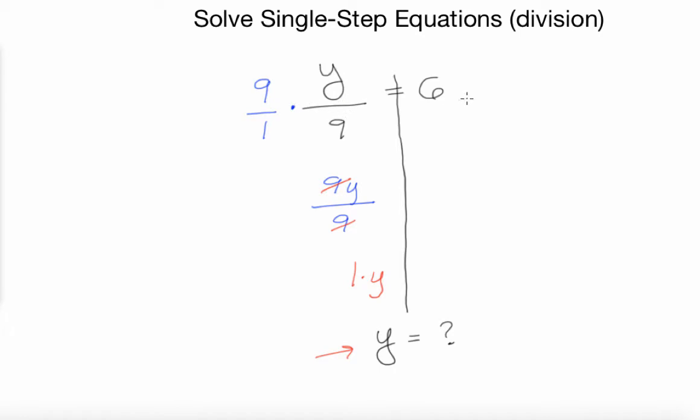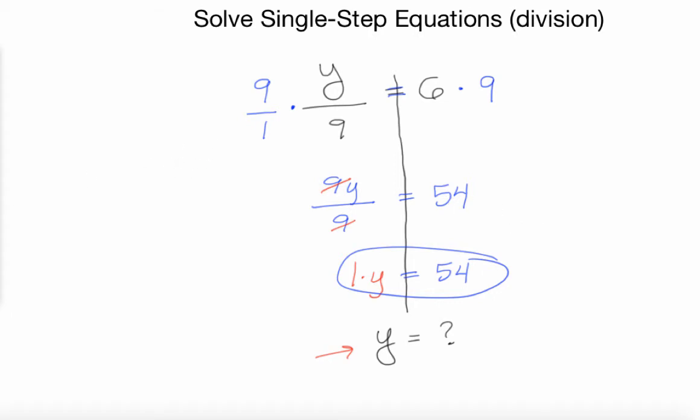If I multiply the left side by 9, to keep things equal and balanced, I have to make the right side 9 times bigger. So now the right side is 9 times bigger. 6 times 9 is 54. So my solution is that y equals 54.